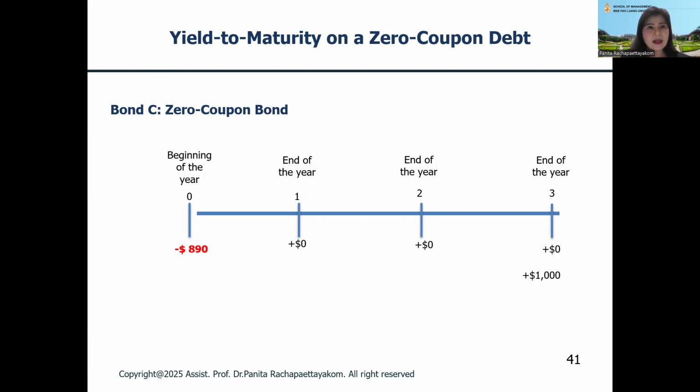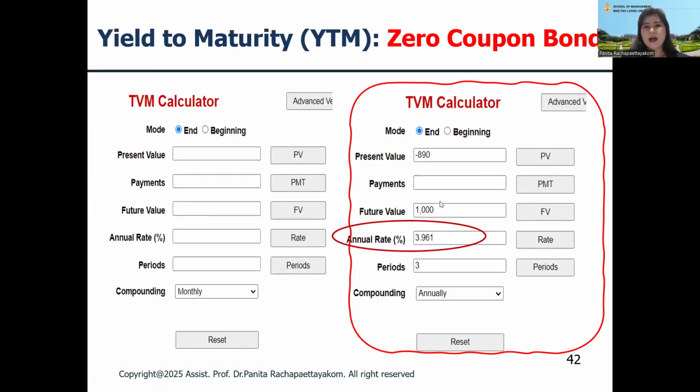You can calculate the yield to maturity of this zero coupon debt as well. You apply the present value of 890 baht. The future value is always 1,000 Thai baht. The period is 3. Payment is 0, because this is the zero coupon debt. During the 3 years you get nothing from this investment, but you get 1,000 baht at the end of the period, so you put 1,000 baht in the future value.